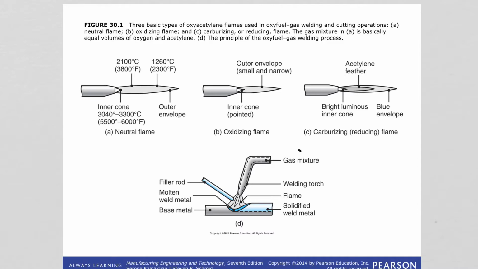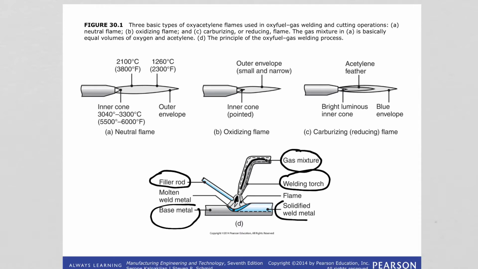We see the gas mixture is introduced through the welding torch, and there is the flame here, and this is your base metal, and you have a filler rod which is melting and filling the part, and this region is already solidified. Well, then there is this region that is the molten metal.